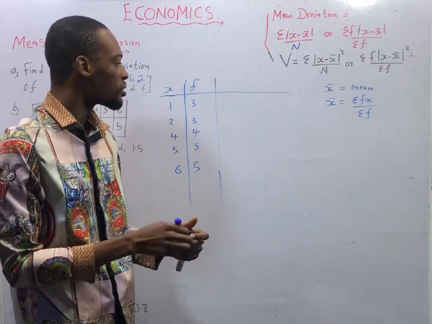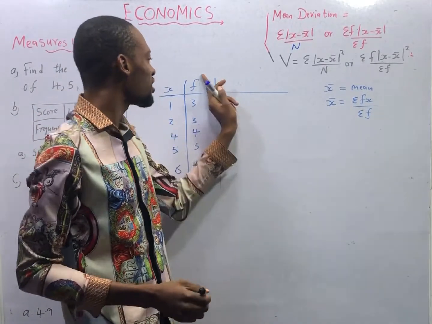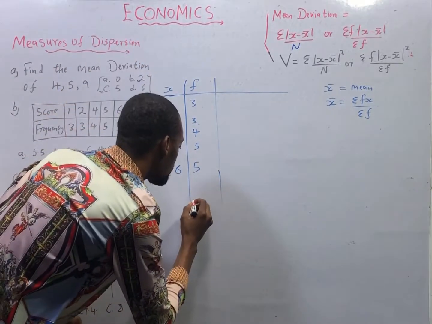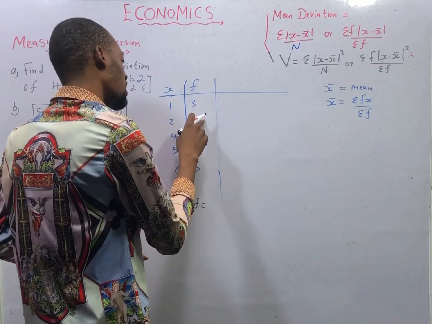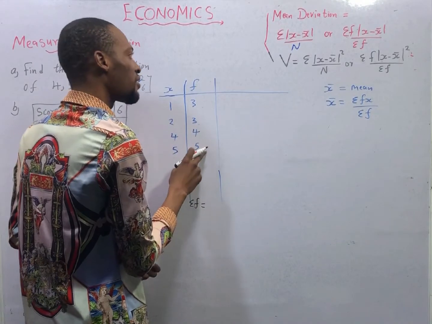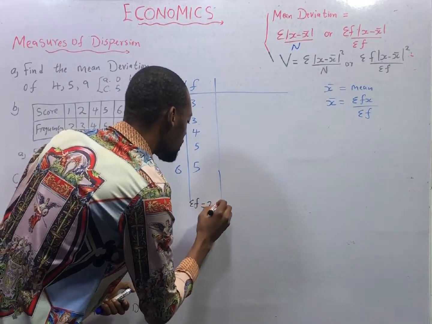That is what summation means anywhere. So summation of F means addition of the frequencies. Here, summation of F is 3 plus 3, 6. 6 plus 4, 10. 10 plus 5, 15. Plus another 5, 20. So summation of F equals 20.